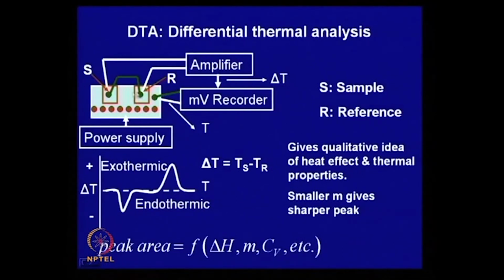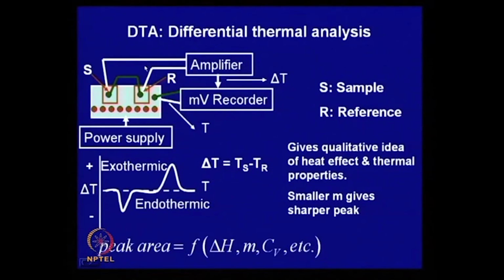Now, you put two thermocouples and you connect them in the opposite way. So, let us say if this is the negative, you connect this to negative, and then the positives are over here. So, what you are actually measuring is the temperature difference between the sample and the reference.